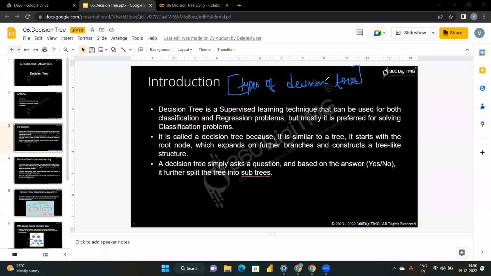So we have these types of decision trees, and we have some classification problems. After that, we'll be seeing what are the two types of decision tree. So we have seen this, and we'll be implementing what are the reasons we need.